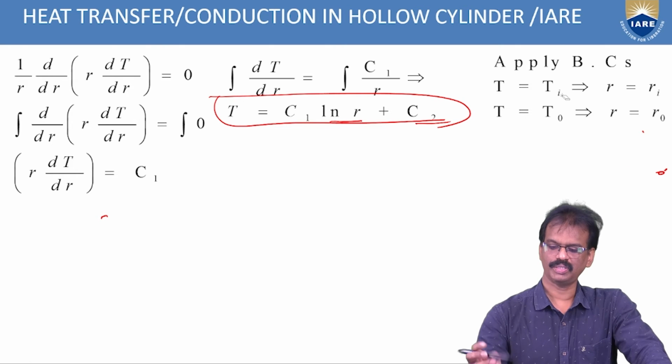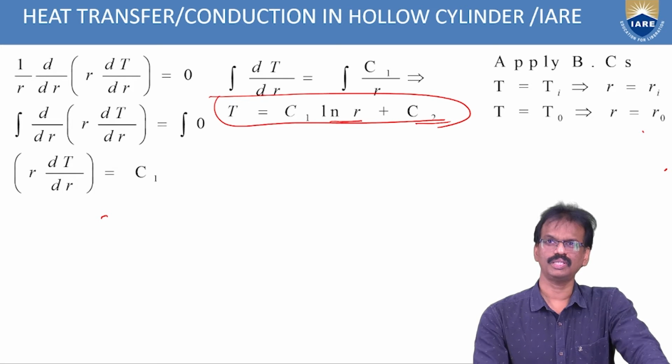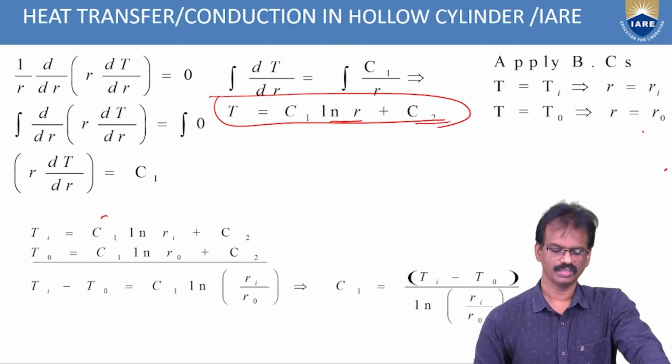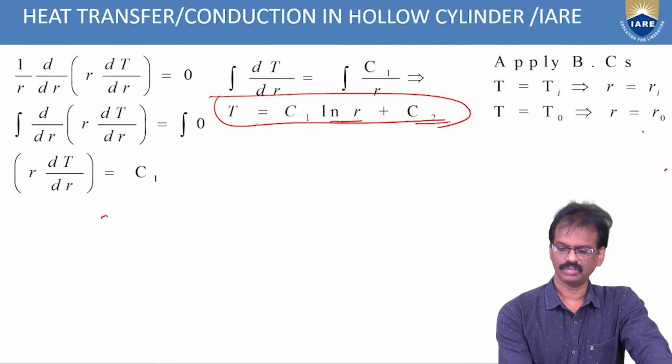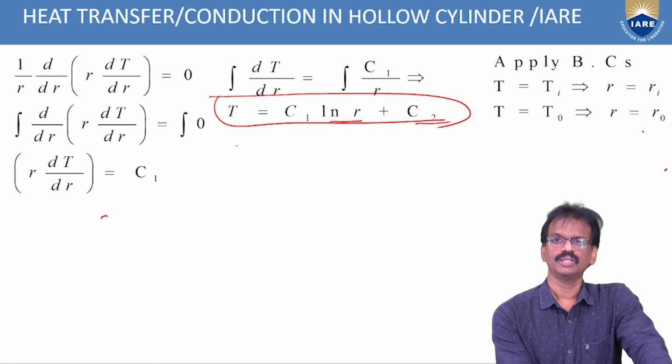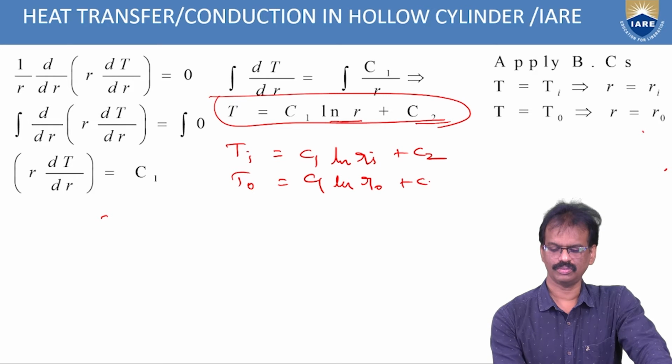First of all, apply the first boundary condition, where r is equal to Ri and T is equal to Ti. Writing it like this: Ti is equal to C1 ln Ri plus C2. And if T is equal to T naught, the outer temperature, T naught is equal to C1 ln R naught plus C2.